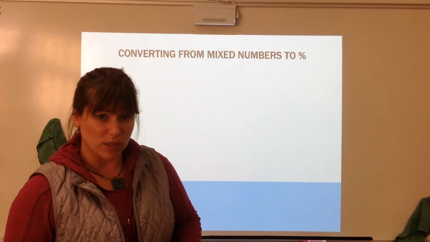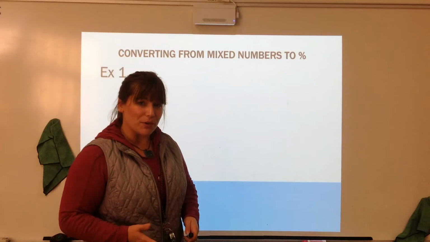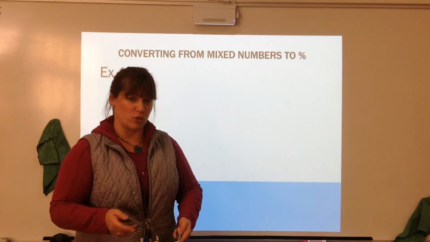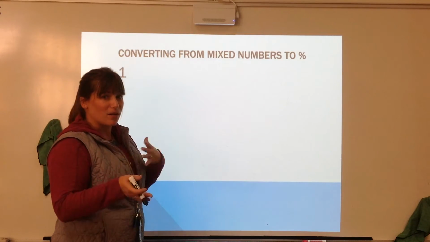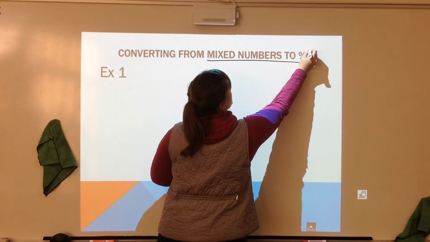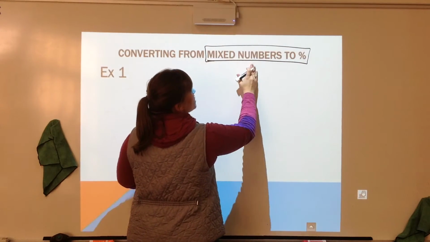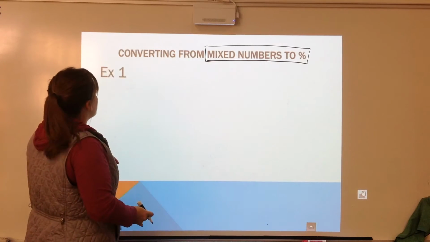The last two examples that we're going to do deal with mixed numbers and changing those to percentages. So if I'm on a blank piece of paper on the back, I might just put this as my title, mixed numbers to percentage, so I know what those kinds of examples are.